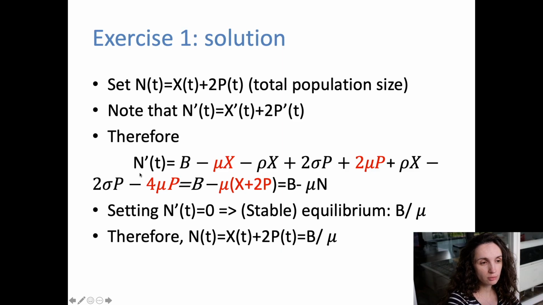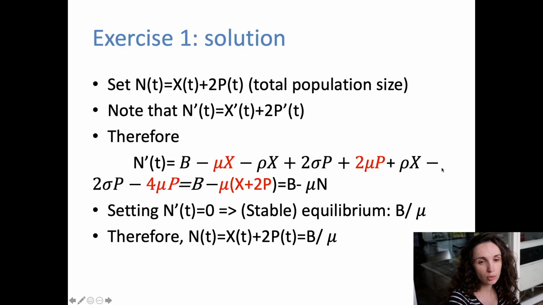And therefore, if we want to find the derivative of n with respect to time, what we really need to do is add the derivative for x of t, which is given as the first equation of the system, plus twice the derivative of p of t.